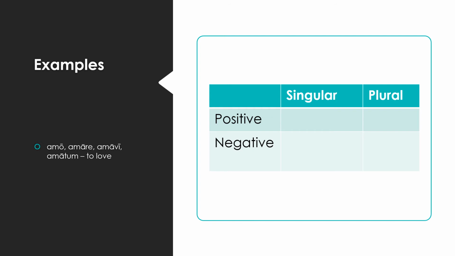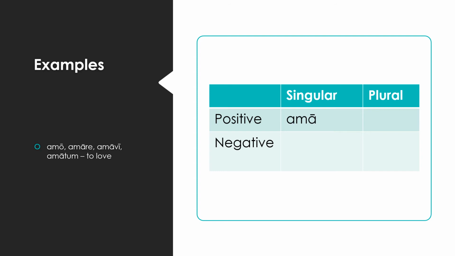Well, if we're creating a positive imperative, meaning we're telling somebody to love someone, which in English we would simply say love. In order to create the positive singular, remember we go to that second principal part, in this case amare, and we remove the re ending.